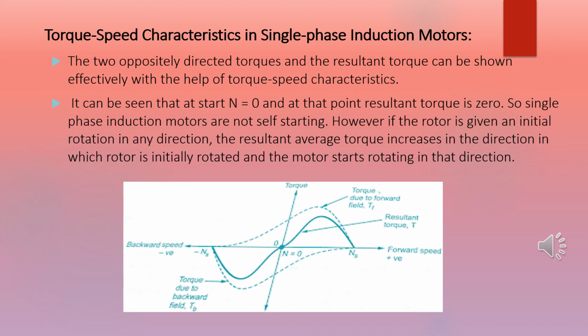So a single phase induction motor can be rotated in the forward direction as well as the reverse direction just by reversing the torque that is applied to the motor. In short, if you change the phase supply that is given to the induction motor, the direction of rotation of the motor will change.